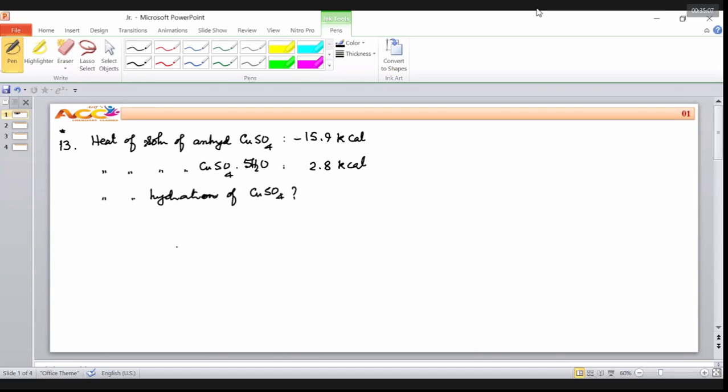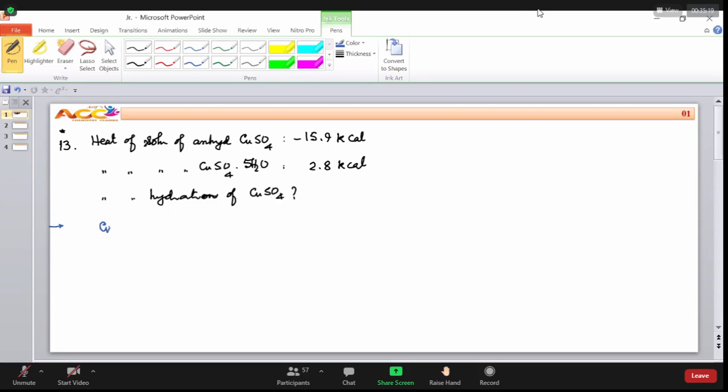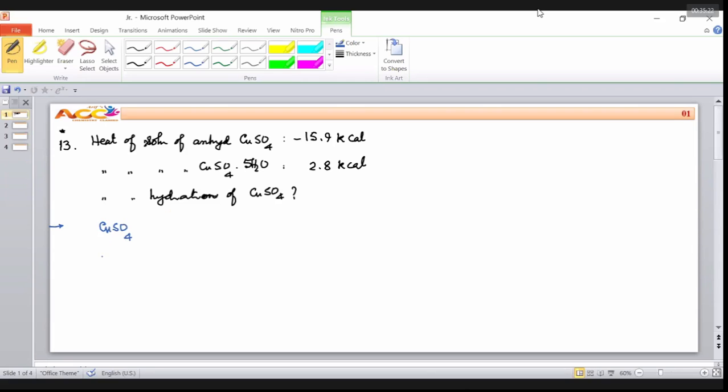Listen a little carefully, it is a beautiful thing that I can give you. We have studied this concept but I am repeating it again. Suppose I am having copper sulfate, this is known as anhydrous, meaning without water. Now suppose you are adding water, and you are not taking care of how much. Whenever you add water quantitatively, say I am adding 5 moles of water because I know that copper sulfate forms pentahydrate, rule number 1, right?